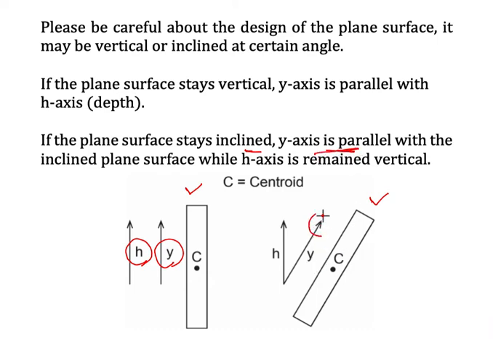So you need to draw the y-axis here parallel with the surface of your plane, while the h-axis remains vertical, because the h-axis here is actually used to calculate the pressure. We know that pressure is equal to rho g h. So this h must be vertical, because pressure is only affected by the depth of water.